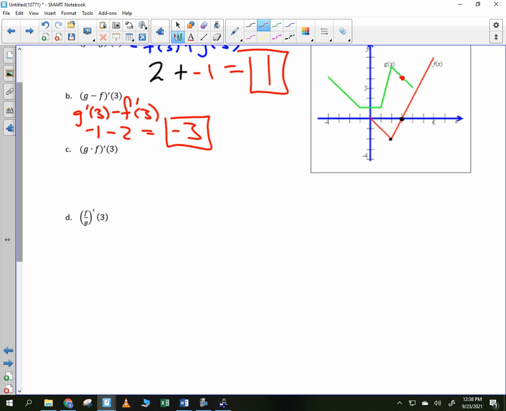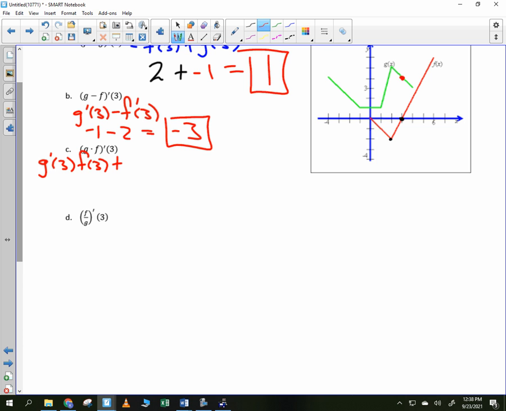Now you can understand that on the AP exam, many people in this situation would do g prime of 3 times f prime of 3, correct? But is that what we do? No. What do we have to use? What do we call that formula? Product rule. g prime of 3 times f of 3, plus or minus?